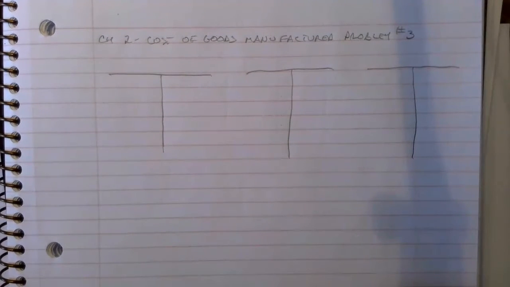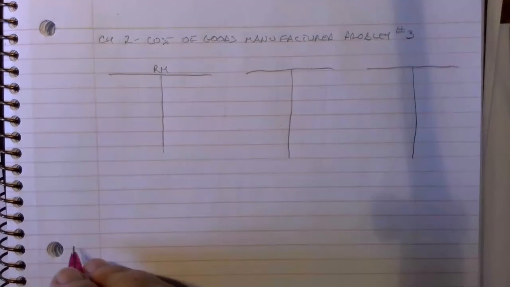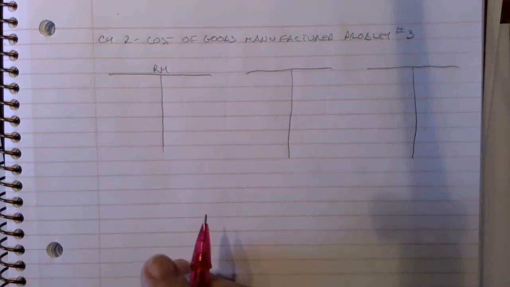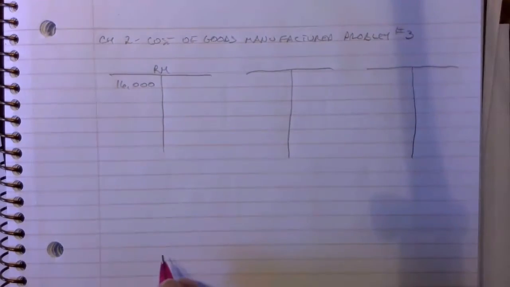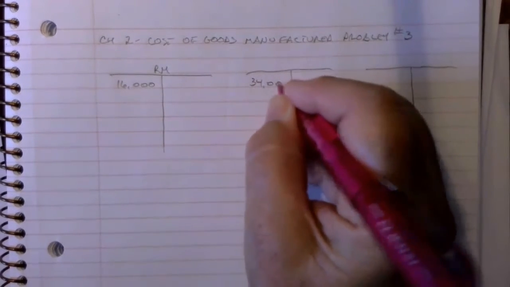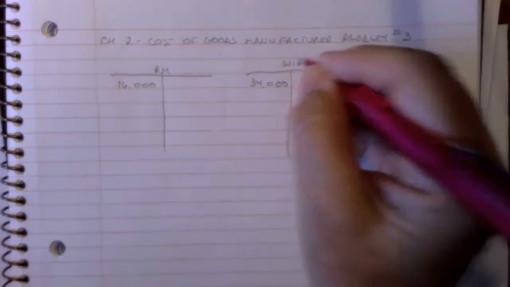Our direct material beginning balance. Okay, so this is direct material. Doesn't look like we've got any indirect materials. I don't think so. Okay, so the direct material beginning balance is 16,000. Work in process beginning balance is 34,000, and this is work in process.